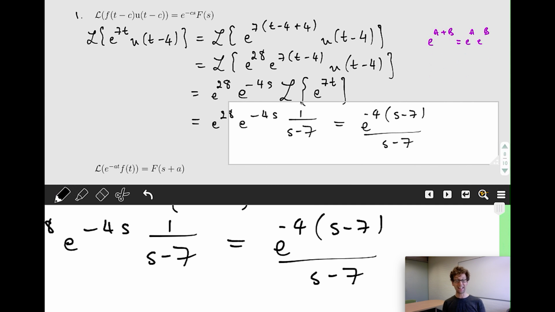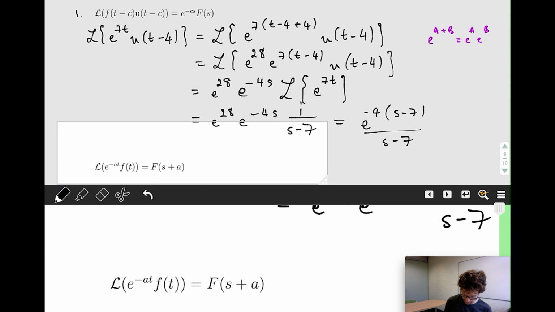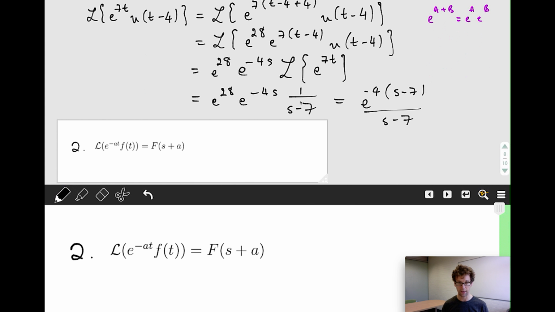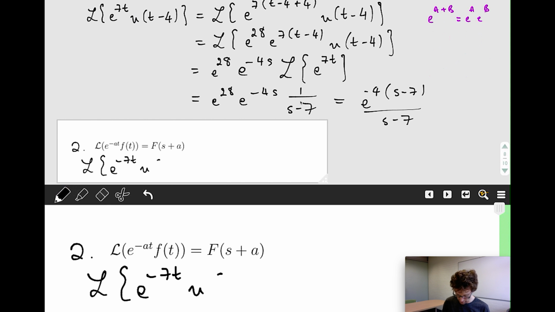Okay, now let's see the same function, try and find its Laplace transform, but now use the first shifting theorem. So here's the first shifting theorem. This relies on noticing that the function is multiplied by e to the minus at in front. So we've got the Laplace transform of e to the minus 7t, u of t minus 4.